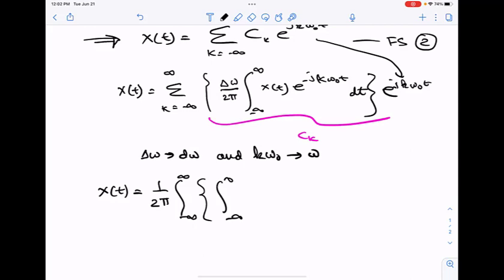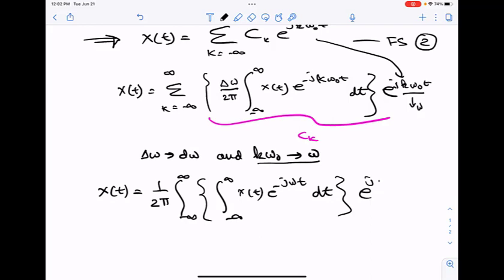Minus infinity to plus infinity, x of t e to the minus j, after making this substitution, j omega t dt. Same here, this becomes omega, so e to the j omega t, and d omega, which actually comes from here. So I move that here.